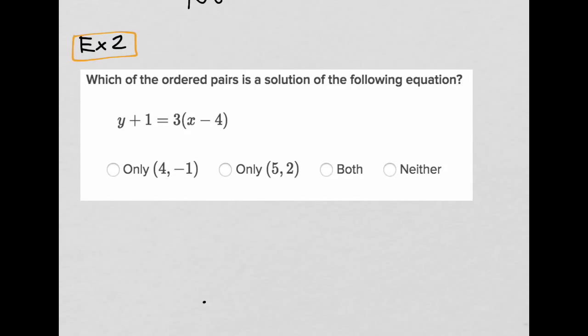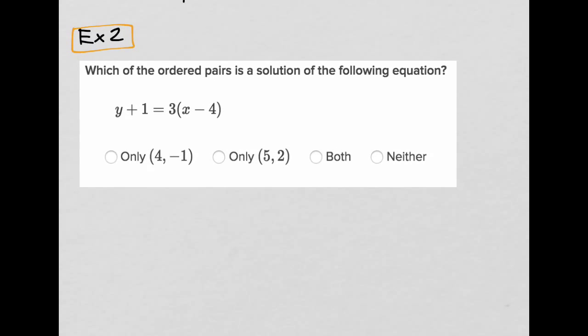Same exact idea. It looks a little different, though. Doesn't matter. We plug stuff in. Remember, x, comma, y. We have y plus 1, so I do negative 1 plus 1, because that is y, equals 3 times 4 minus 4.